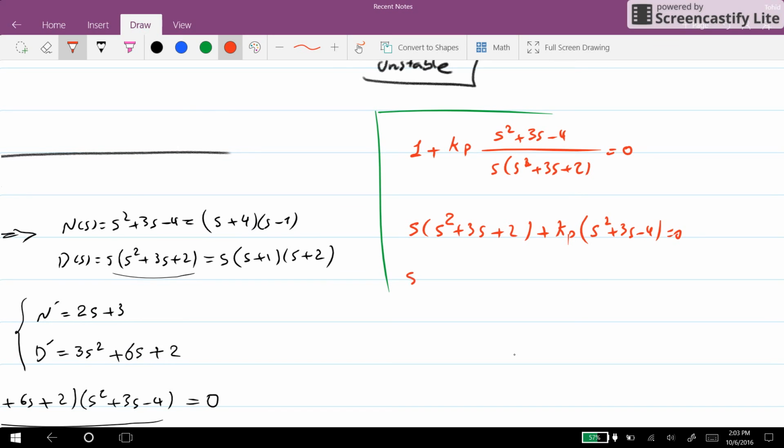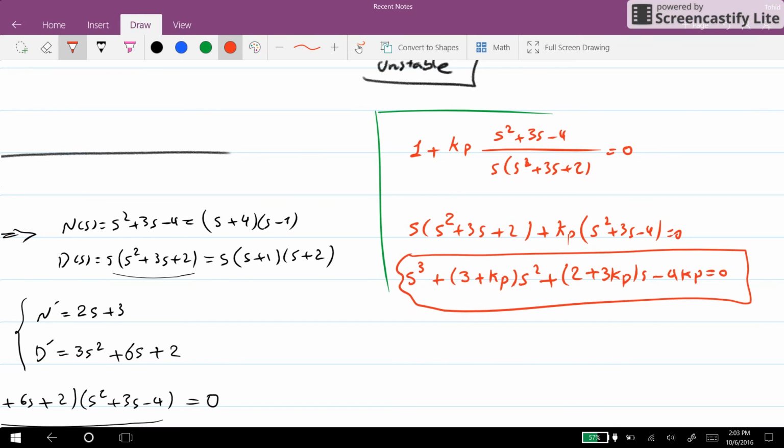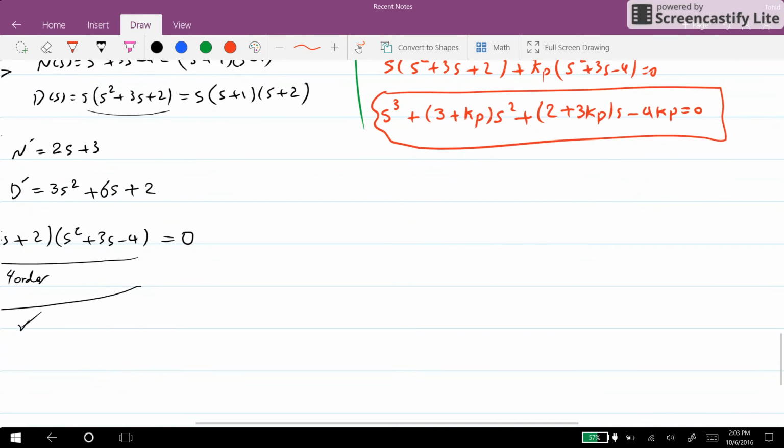And then we will have s to the power of 3 plus 3s squared plus Kp s squared plus 2s plus 3 Kp s plus minus 4 Kp equal to 0. This will be the characteristic equation for which we can form the Routh table.